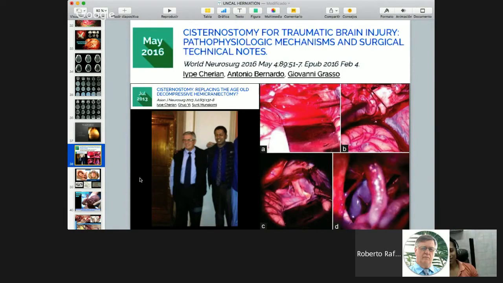In our country, in Argentina, in Buenos Aires, we are starting to do this technique of Professor Cherian. Until now, we are combining the decompressive craniectomy and, after removing the bone, we are starting to do the cisternostomy.